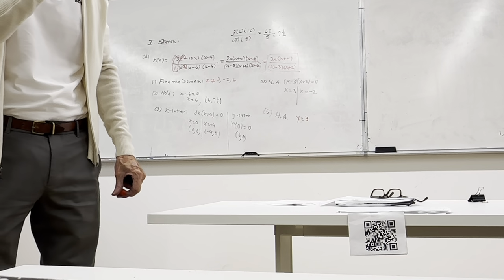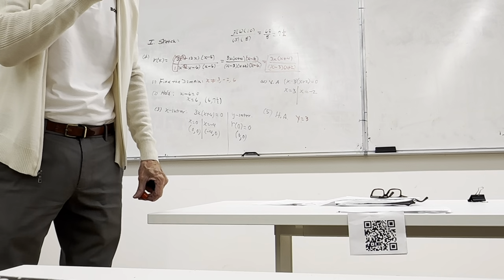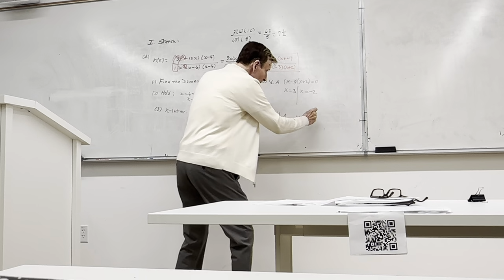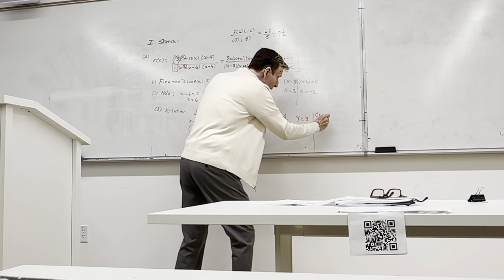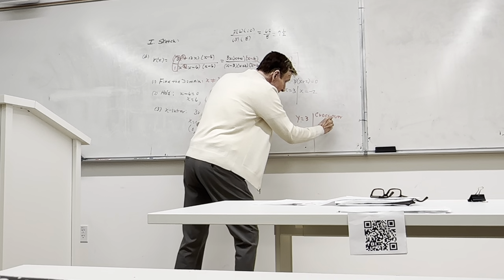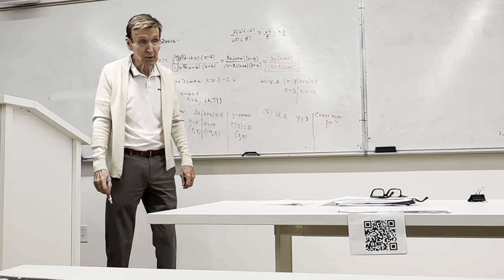Did I ask for maybe a crossover point? Did I mention anything about a crossover point? Is it possible for the graph to intersect or cross its horizontal asymptote? There you go. Sometimes the graph will cross over the horizontal asymptote.